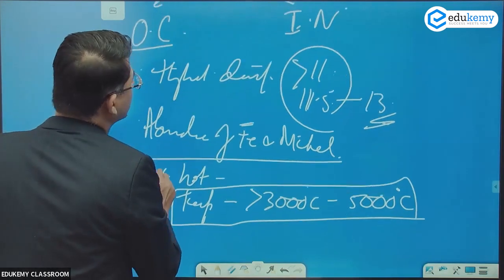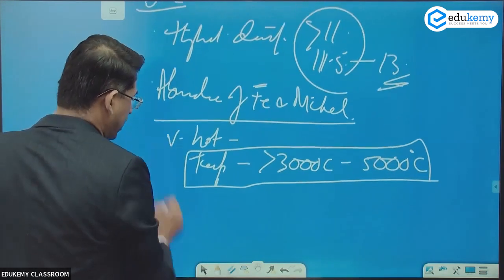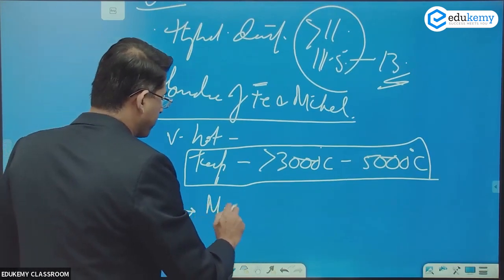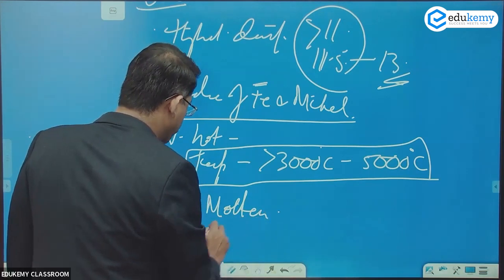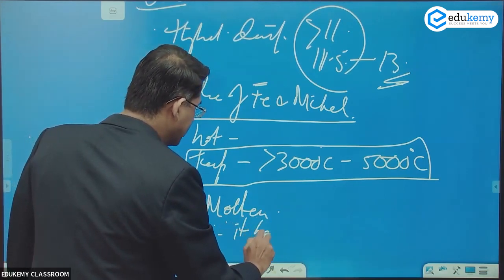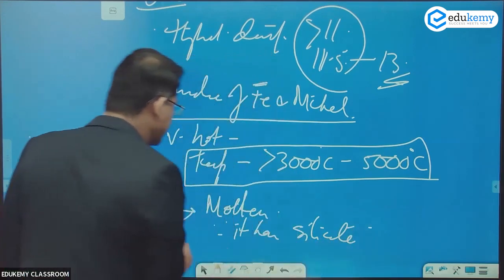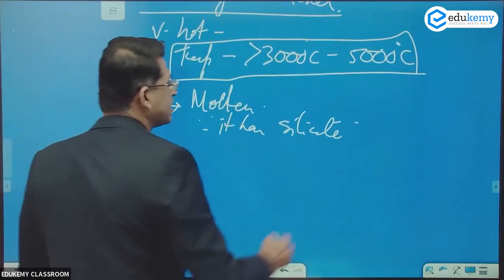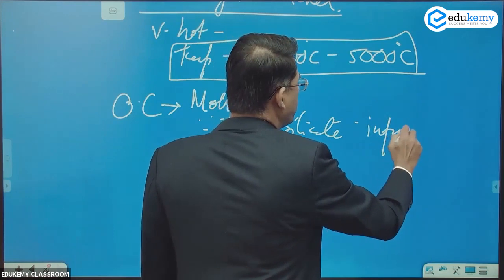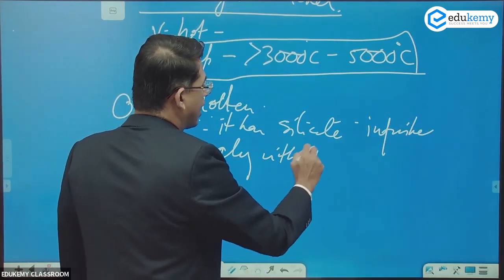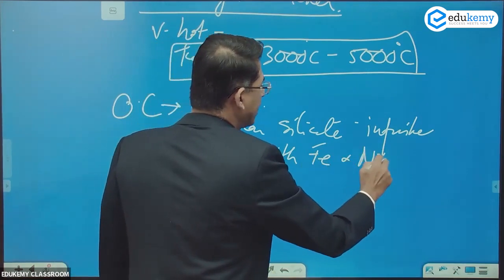Now, the outer core in particular is molten. It is molten because it has silicate impurities along with iron and nickel.